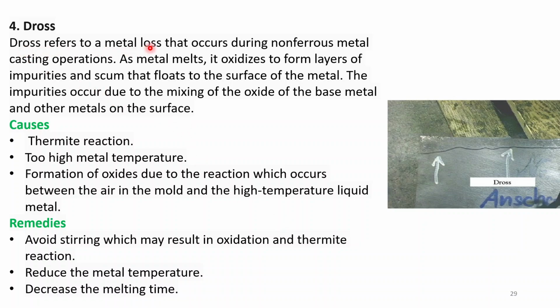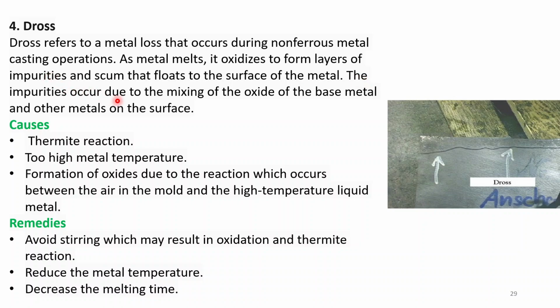So it refers to a metal loss which occurs during non-ferrous metal casting operations, and as metal melts, it oxidizes to form layers of impurities and scum which floats to the surface of the metal.